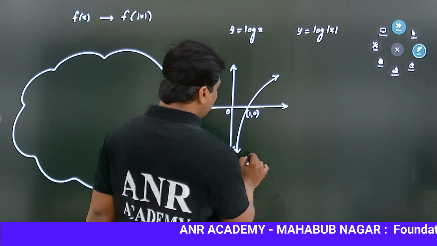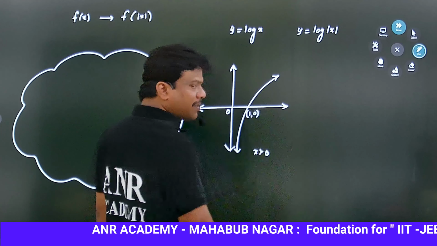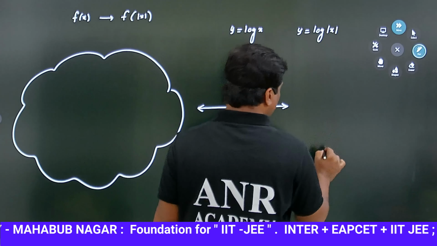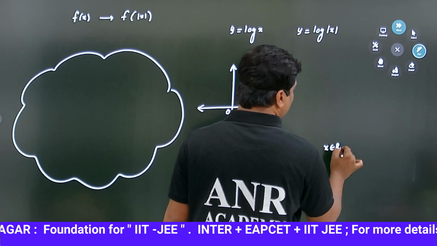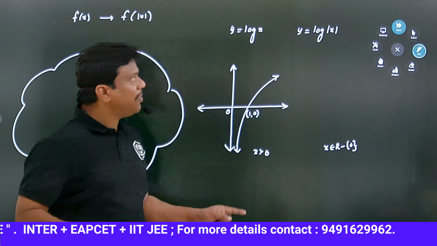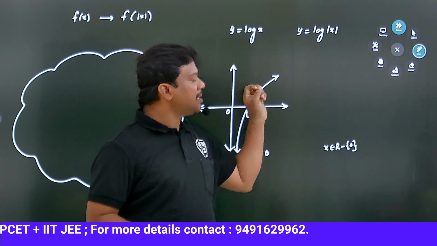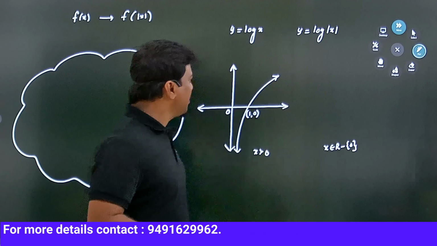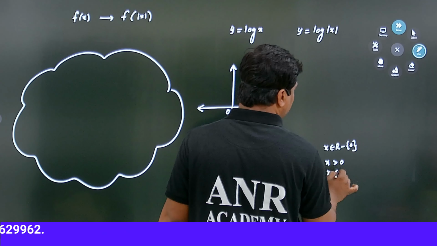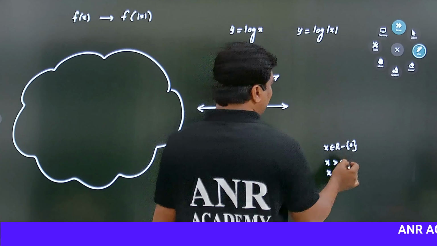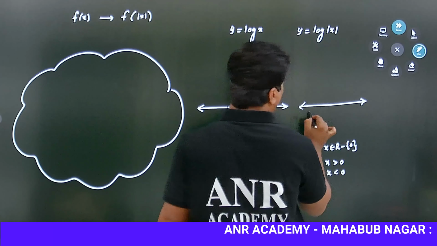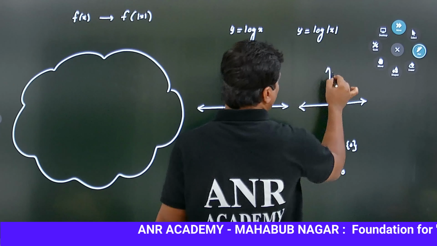Log x is defined only for positive values of x, but with mod x, except for 0, you can write any real number. Why? Because if you apply modulus to a negative number, it changes the negative into a positive term. So you can give both positive input as well as negative input, but if you give negative input, it again becomes positive, so the same graph which you have for positive values, you will get the same on the left-hand side.